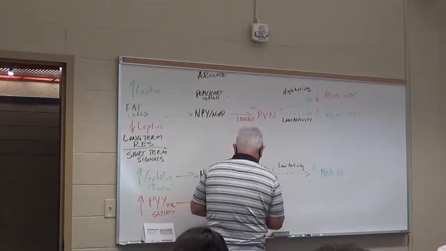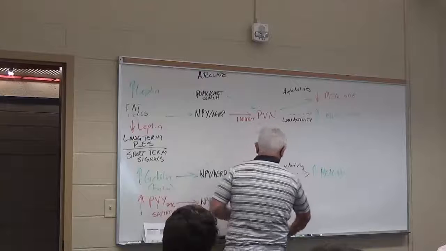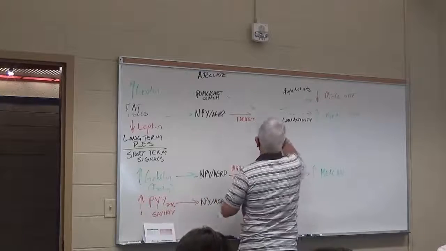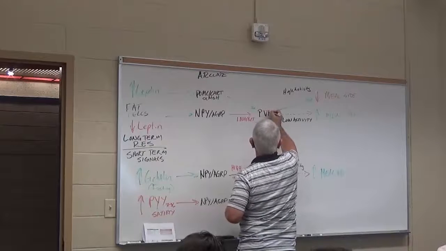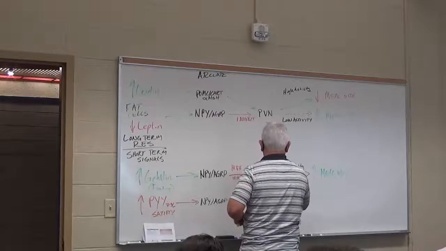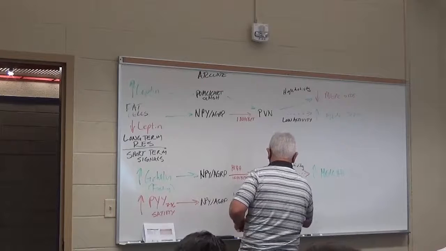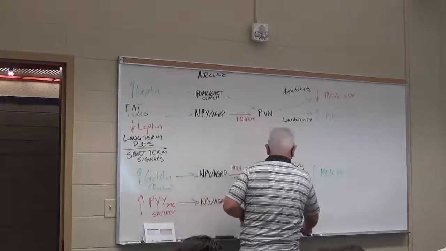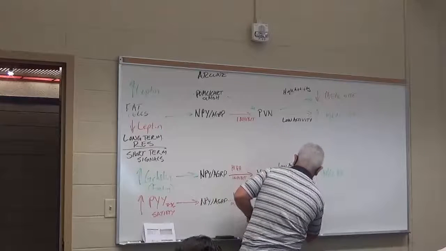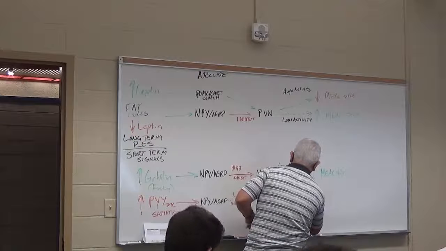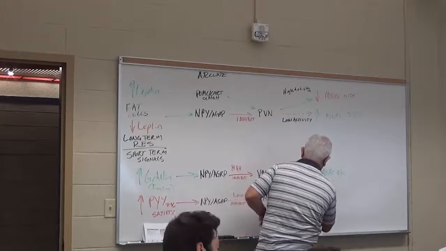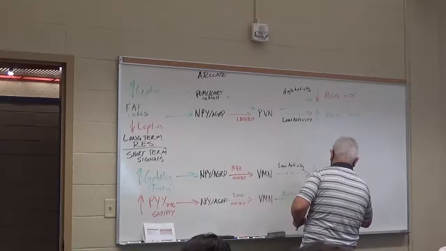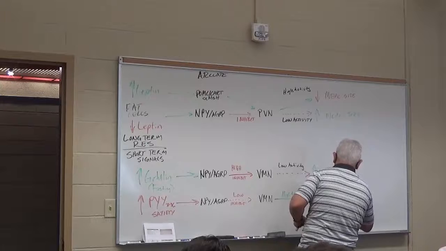And so when we have low inhibition, we're going to get high activity, which is going to decrease meal size, our meal numbers.